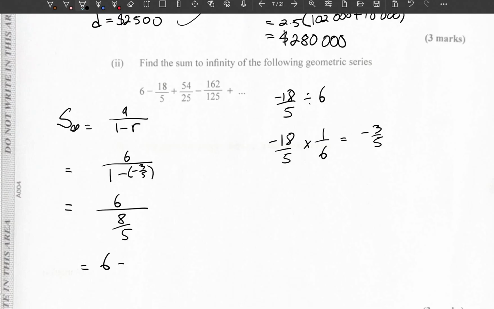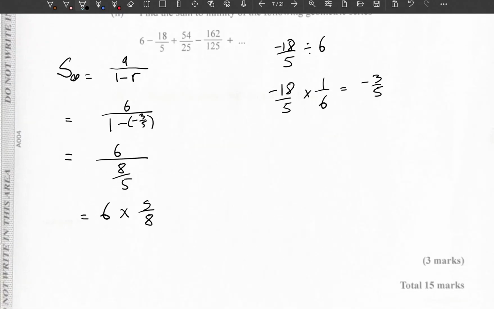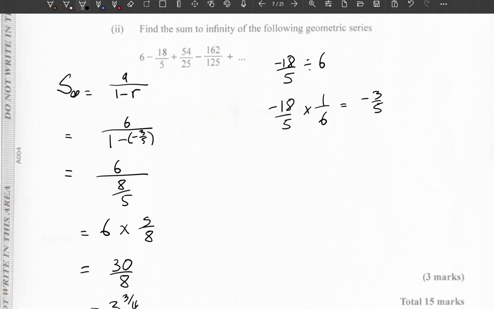So we then have 6 divided by 8 over 5, or 6 multiplied by 5 over 8. This is going to give us 30 over 8, which reduces to 15 over 4. Right, so that would be the sum to infinity of this.